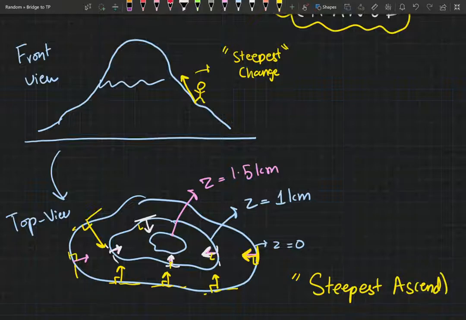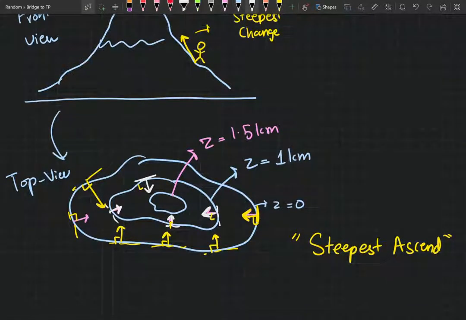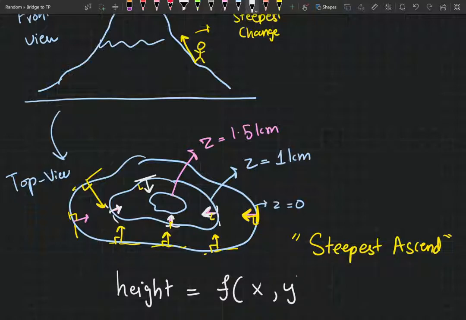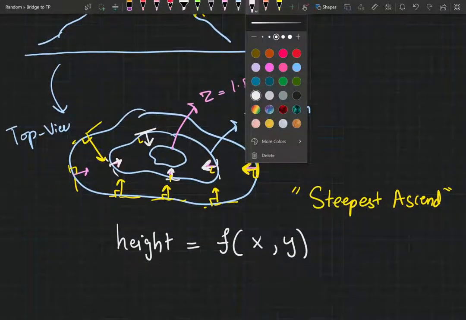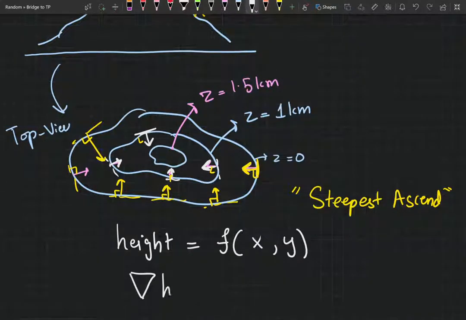Now the height of the mountain is a function of both the horizontal distance and the vertical distance, right? It is a function of both x and y. The gradient of height is going to be the partial with respect to x and the partial with respect to y.